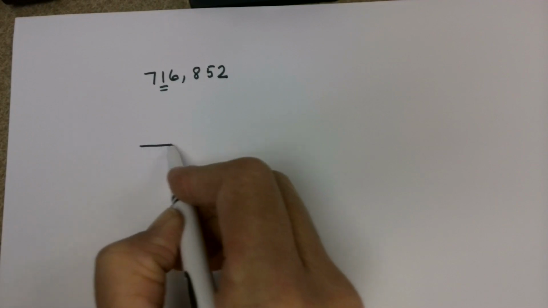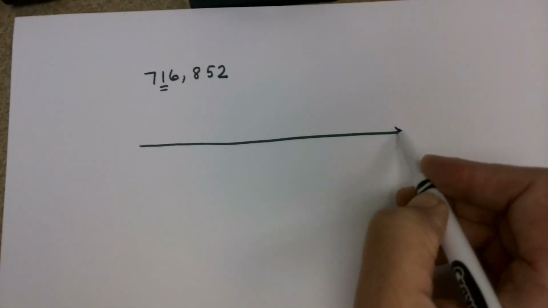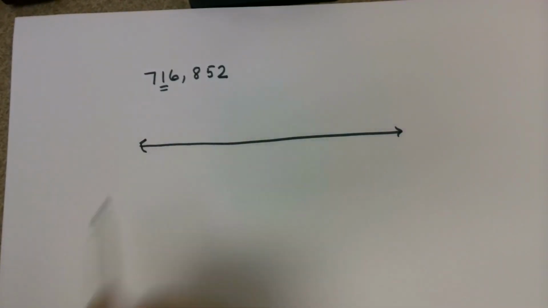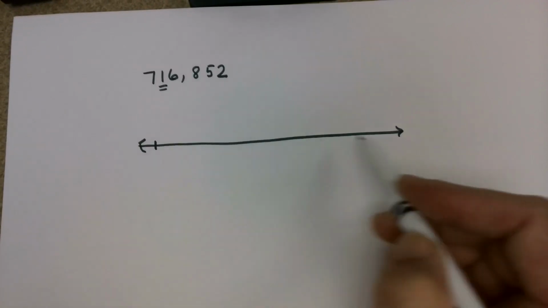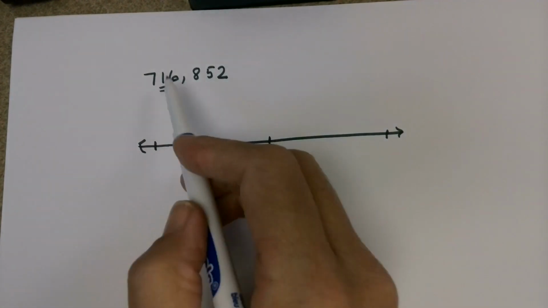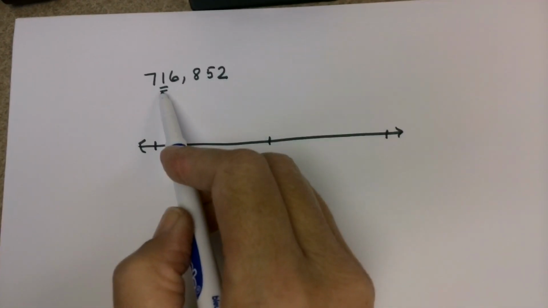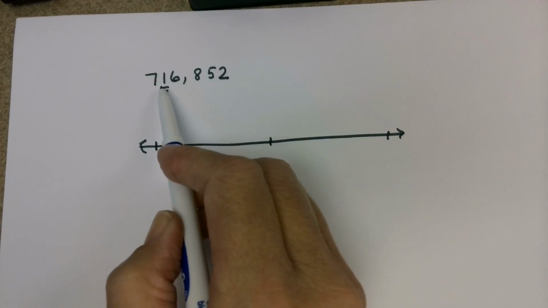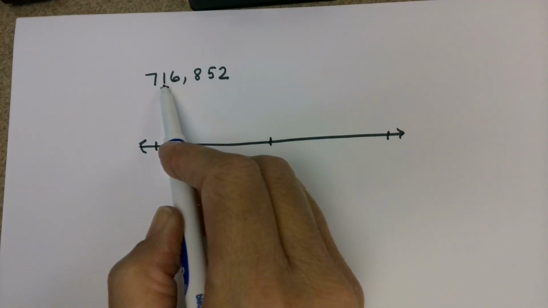The same process happens no matter how big or small my number is. So I draw the number line. I'm going to have two endpoints and a midpoint. To figure out the endpoints, I'm looking at my underlined digit, or the number that I'm rounding to. I'm rounding to the nearest 10,000.